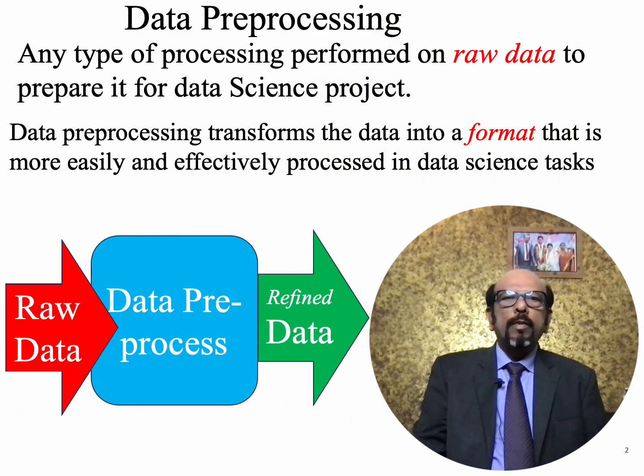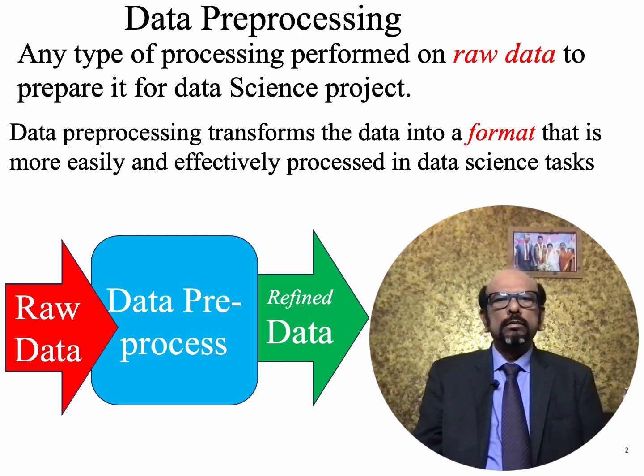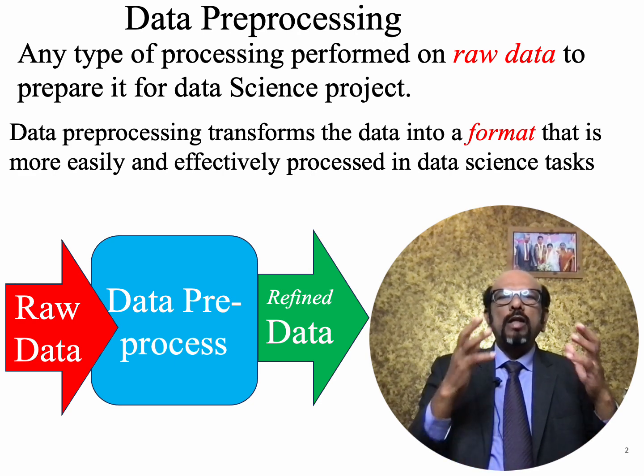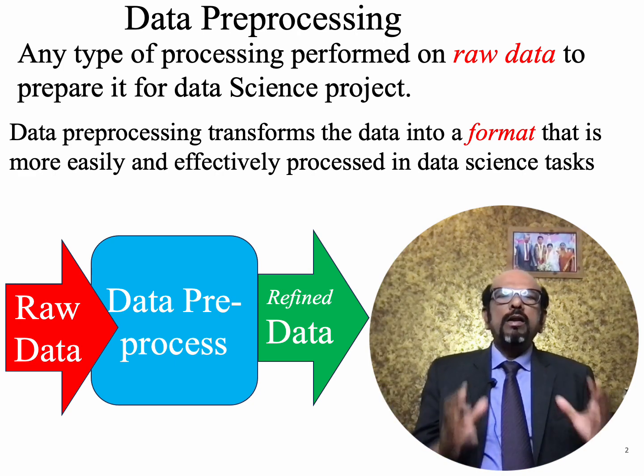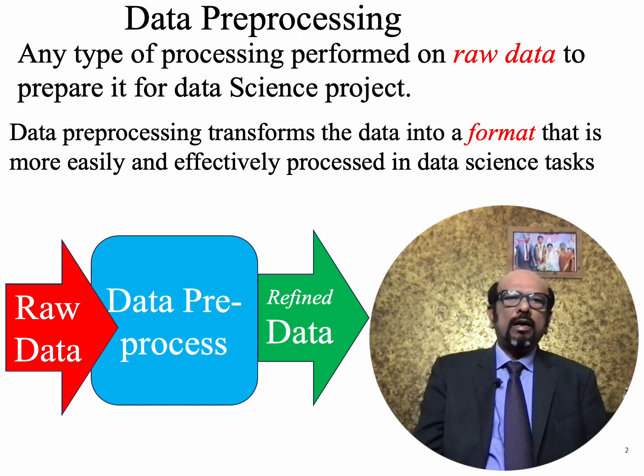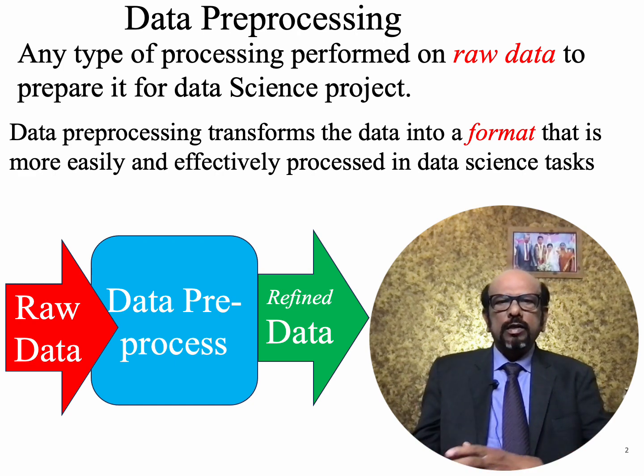So, what is data pre-processing? Any type of pre-processing activities performed on the raw data, because whatever we collected, we call it raw data, so that it is ready for the data science project.